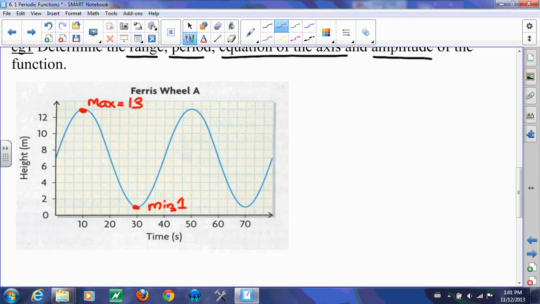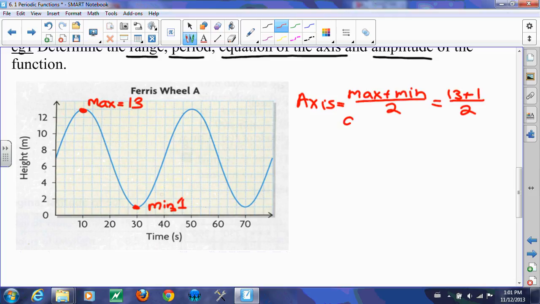So if I know my min and I know my max, I can get my axis. So axis equals max plus min divided by 2. Plugging that in, my max is 13 plus 1, which is my minimum, divided by 2.